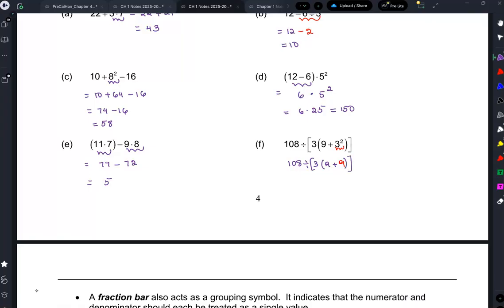Right. So now I went inside the parenthesis and I saw an exponent, right? I'm still working the parentheses. But inside the parentheses, what do I have? 9 plus 3 squared. So I do the square first, then the 9 plus. Okay. So now I'm going to get 108 divided by 3 times 18.